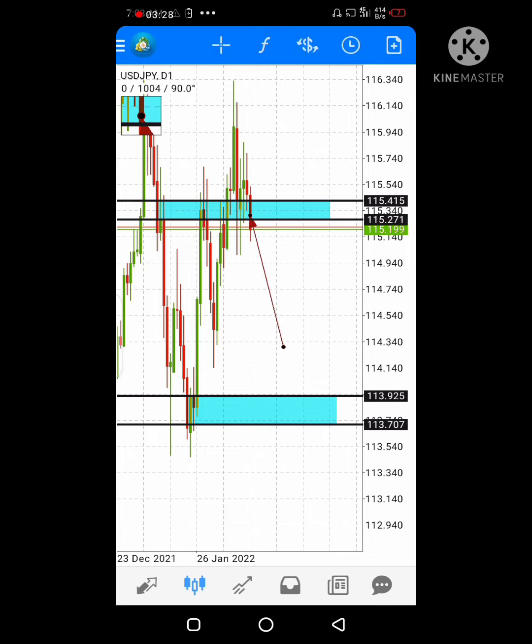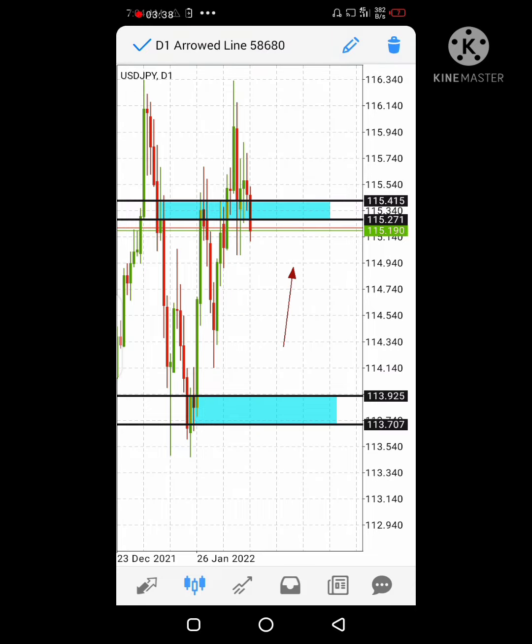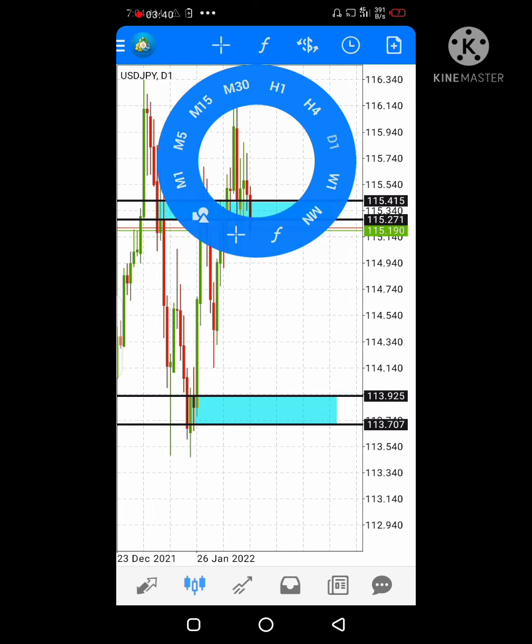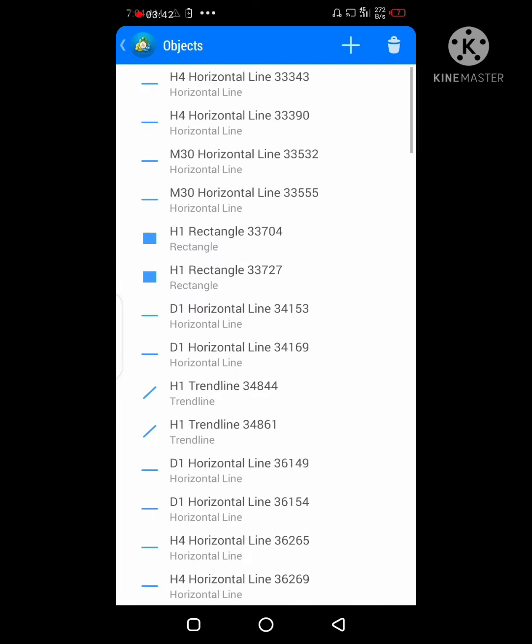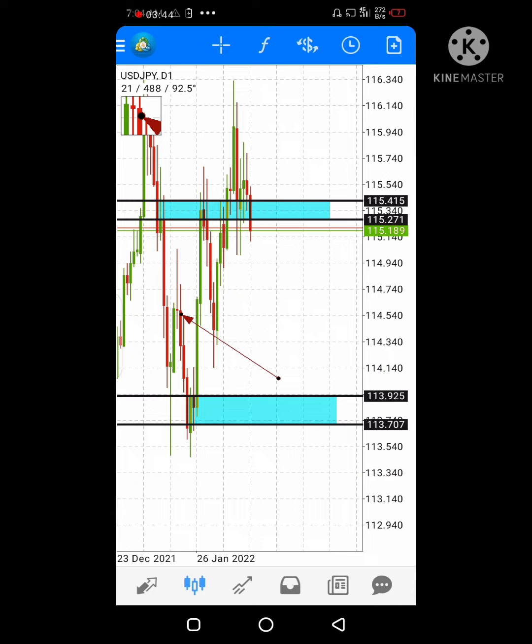Now currently we're in this area to sell. We're going to look for a possible opportunity that will take the price up. So we're going to go to 4 hours. But first, before we go to 4 hours, remember that there is a support. Here was the previous support, which is a current resistance.